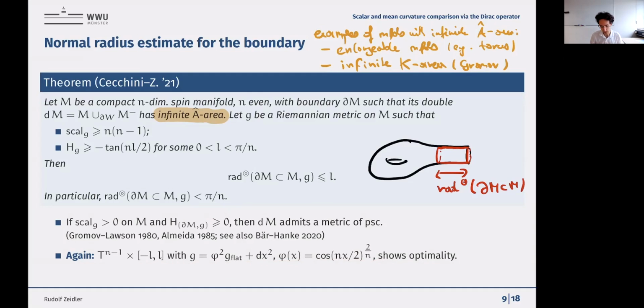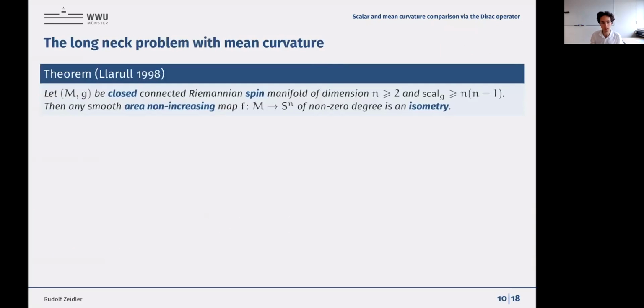All right, then the next thing I want to mention is Gromov's long neck problem. So before I mention this problem, I want to remind you of an older theorem, which has, however, recently gained importance again, and this is in the center of a lot of recent work of Gromov on metric inequalities and so forth.